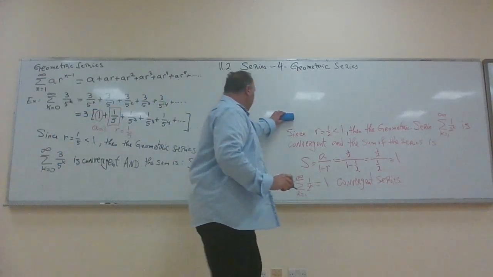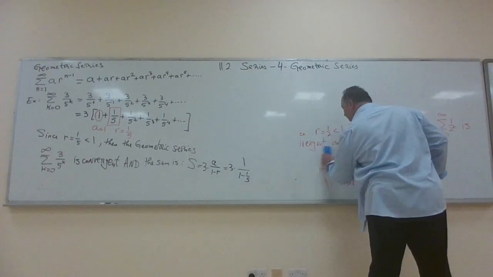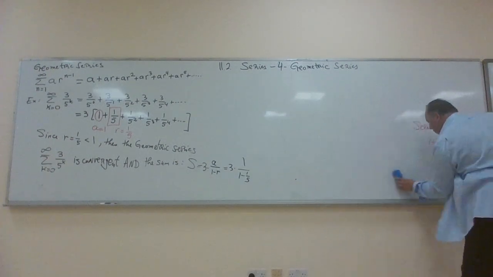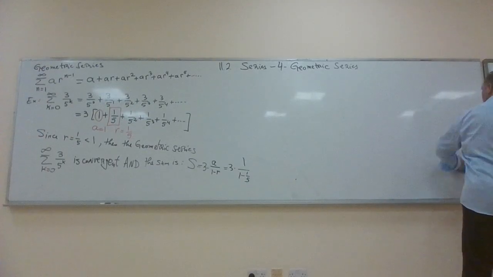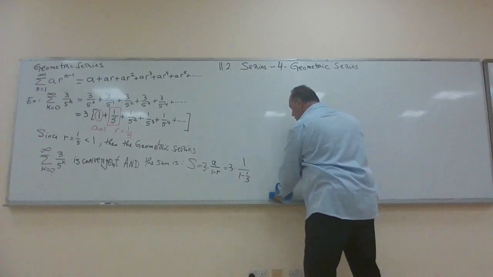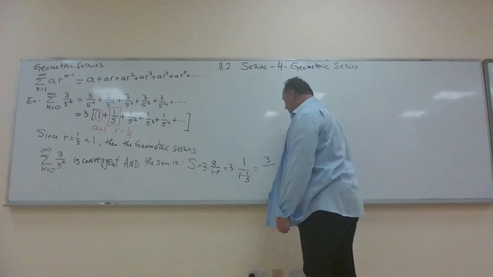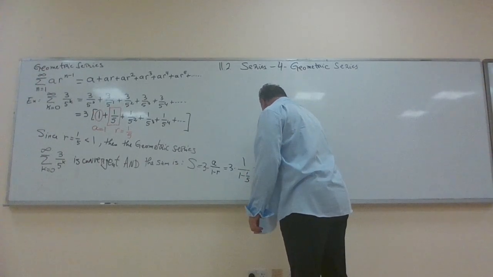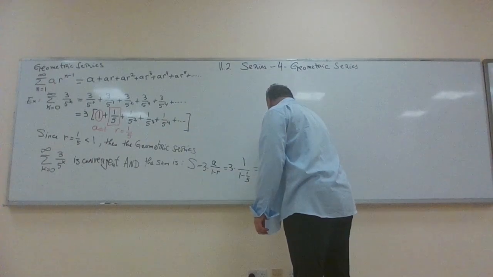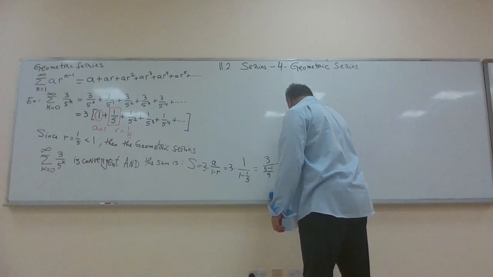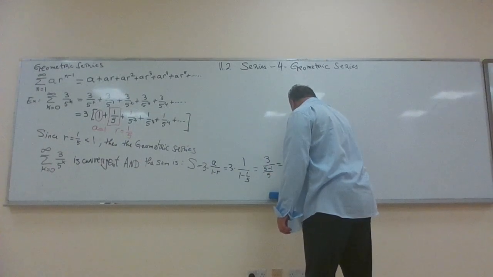Now the good news is we are able to work this out to have a nice expression for the sum. So this is equal to 3. Downstairs I have 1 minus 1 over 5, which is 4 divided by 5.